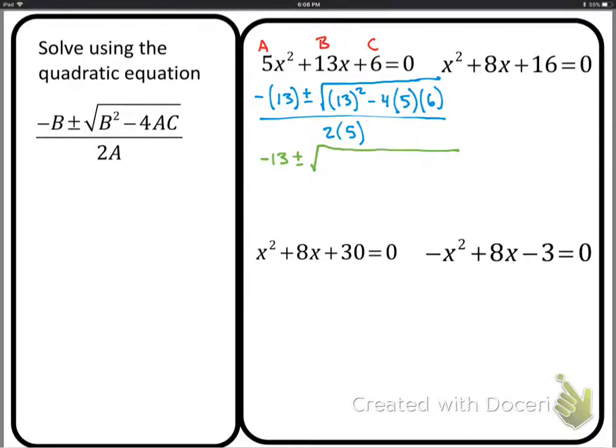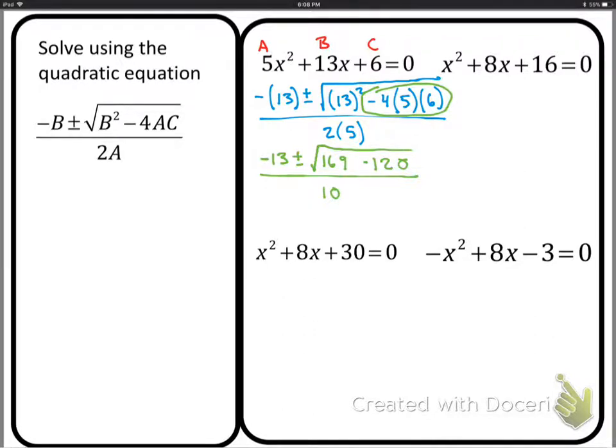Let's see, 13 squared gives us 169. Negative 4 times 5 times 6 gives me a negative 120. All divided by 2 times 5, which is 10.